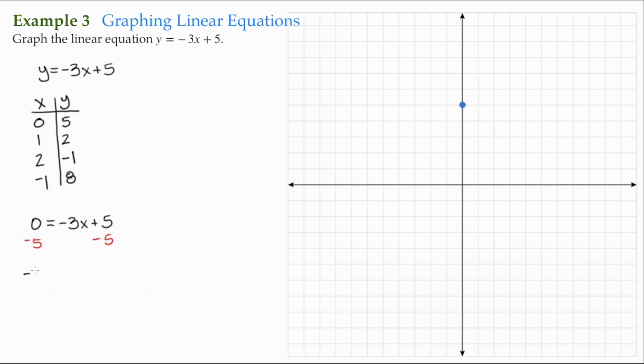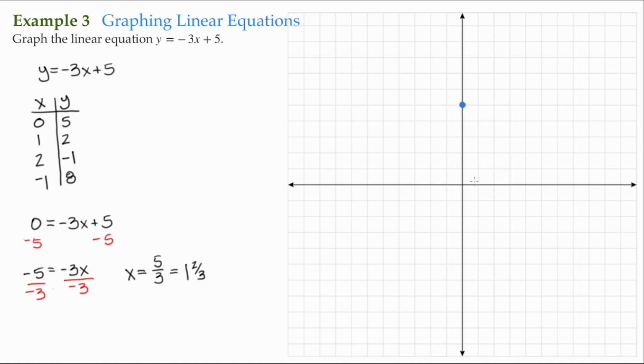We then have negative 5 equal to negative 3x. We can then divide either side by negative 3. So therefore, x is going to be equal to 5/3. And 5/3 is the same as 1 2/3, right?